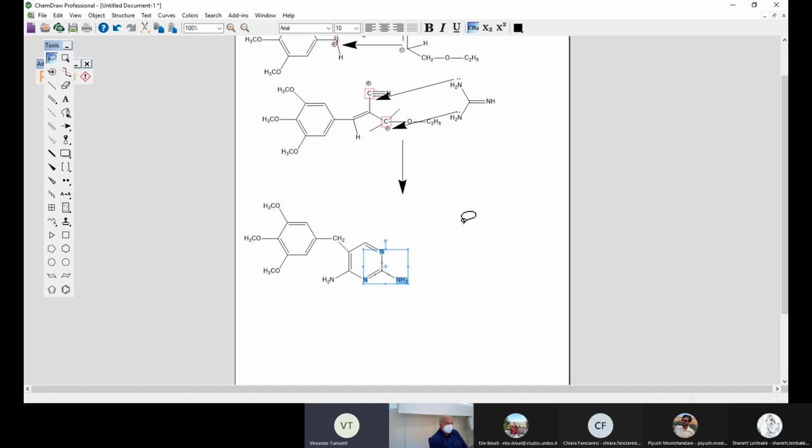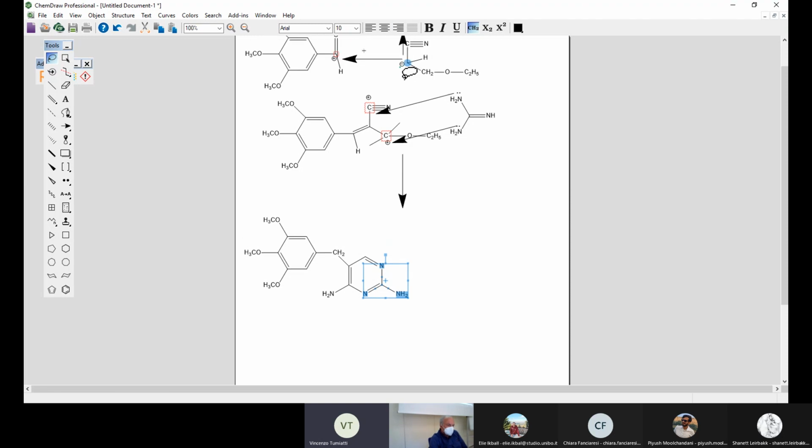So in this synthesis we have seen the use of strong bases necessary to take away these acidic protons, a condensation between a guanidine and two positive carbon atoms, and the formation of a pyrimidine ring.